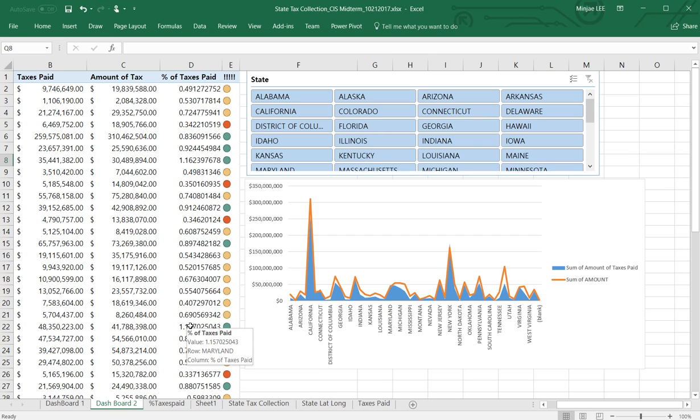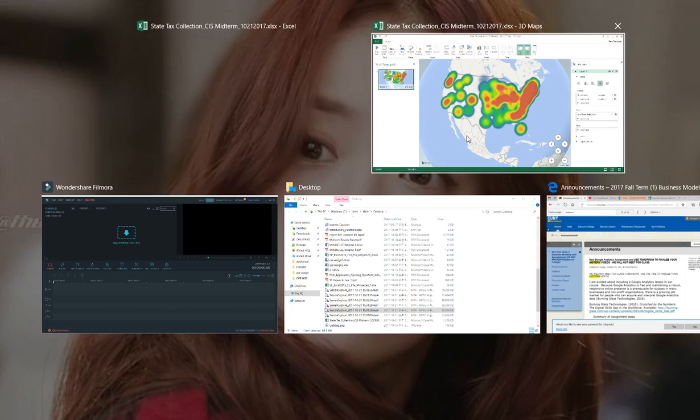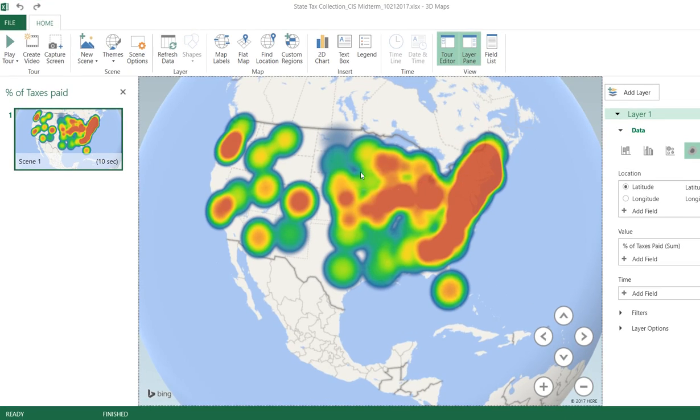And the last graph that I want to show is the power map. So this is the percentage of the taxes paid, and you can see that I think this is Oregon and California, actually East Coast and West Coast, and there's Chicago, Illinois.